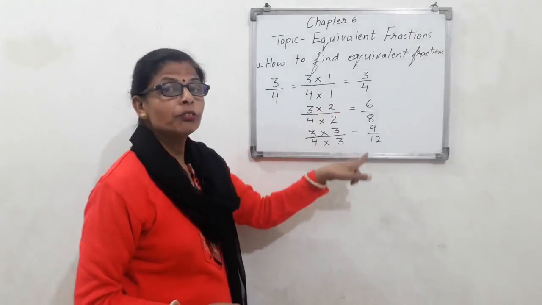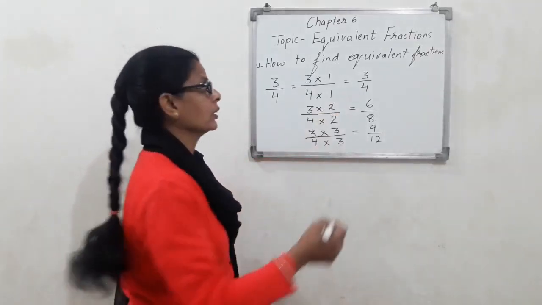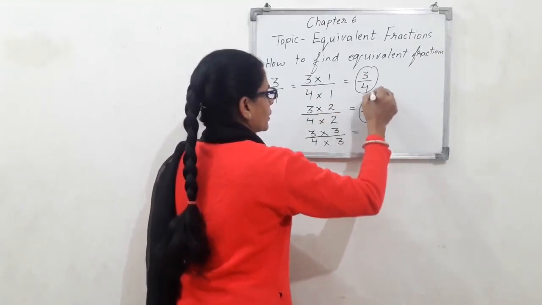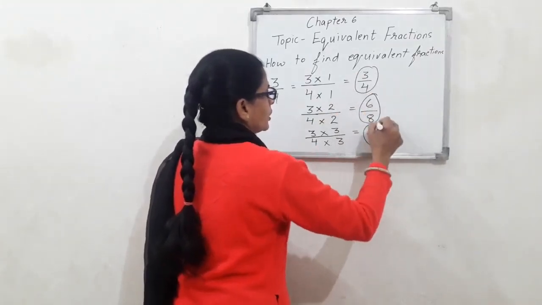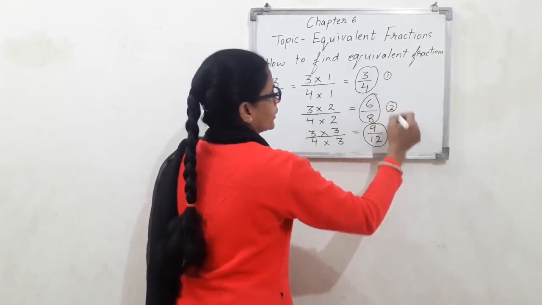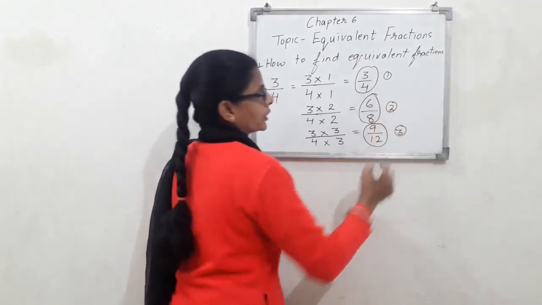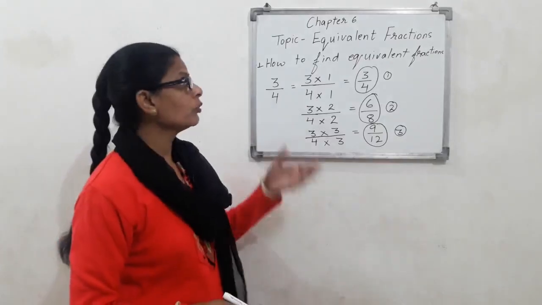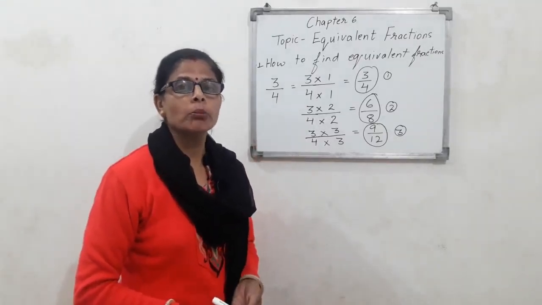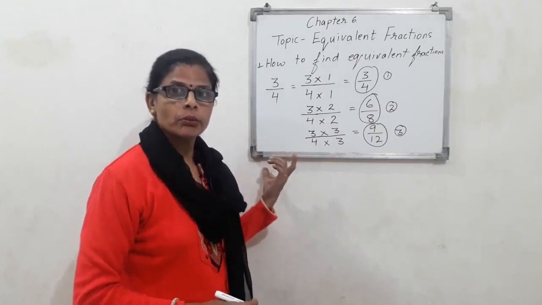So we have got the first 3 equivalent fractions. This is the first, this is the second, and this is the third equivalent fraction. So to find an equivalent fraction, we have to multiply the numerator and the denominator by the same number. Clear?